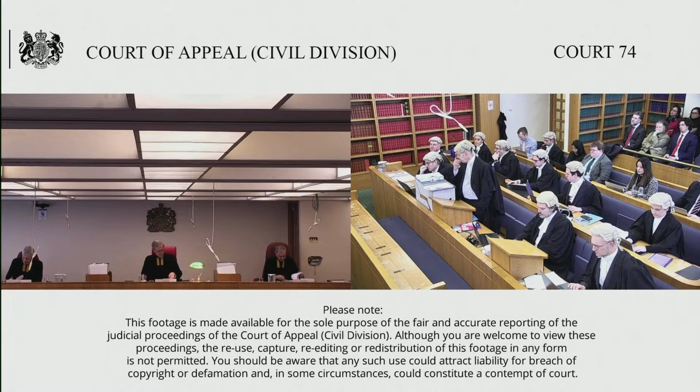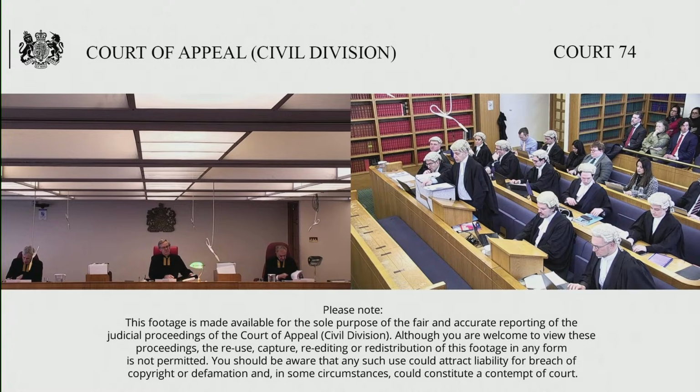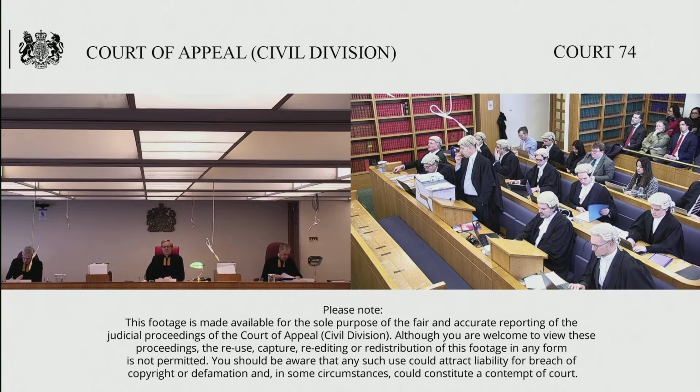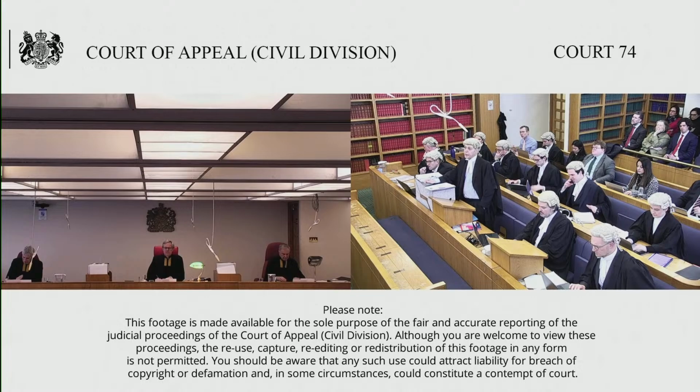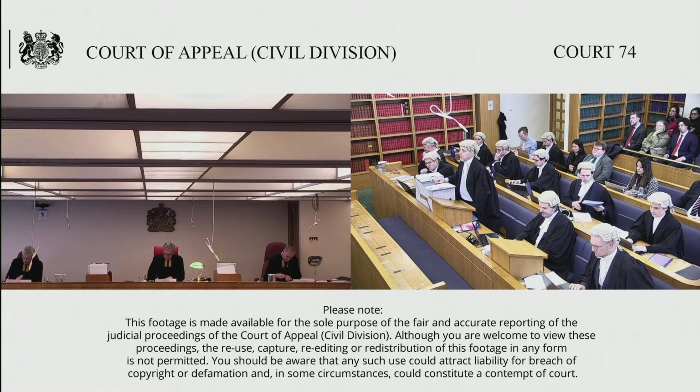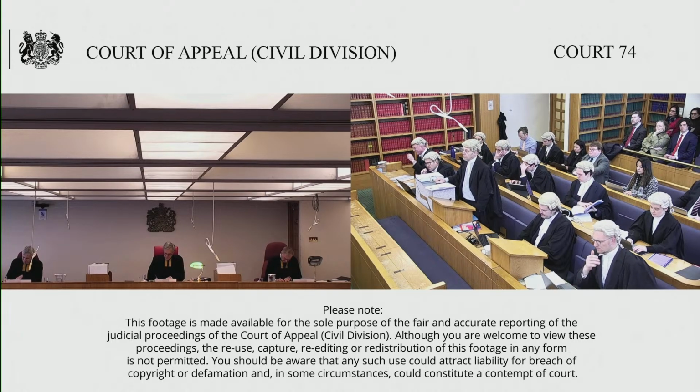I have, in my skeleton, dealt with taking it back one stage further as to the basic structure of service charge covenants. It's familiar territory, I'm sure, that a service charge covenant will generally have three elements to it. The first will be an explanation of which costs a landlord or a management company can apply to the service charges.